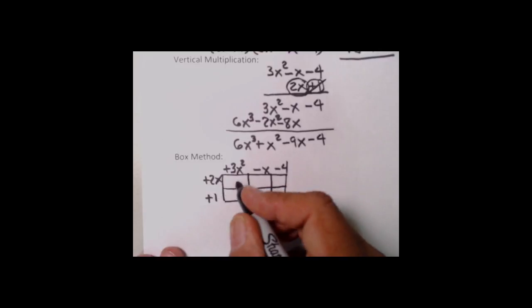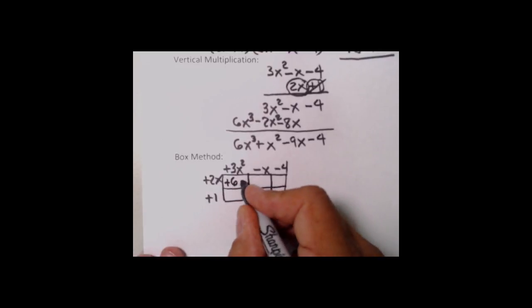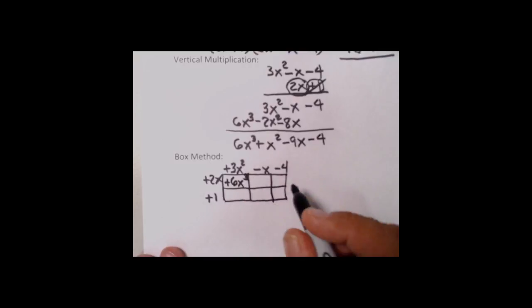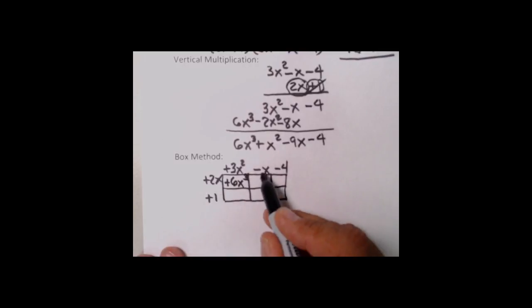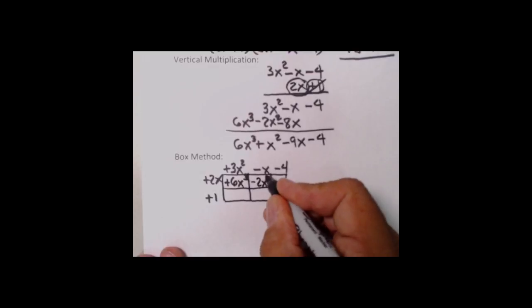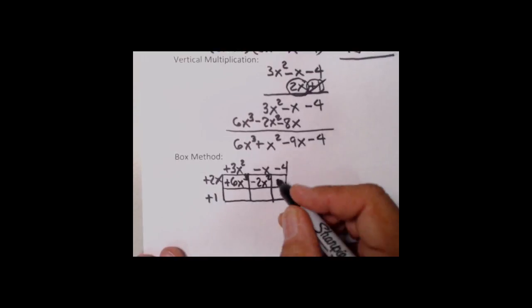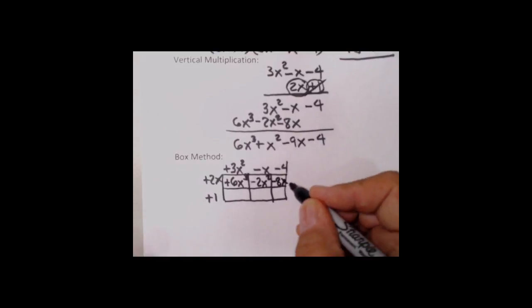Plus 2 times plus 3 is plus 6, and I've got x cubed. Plus 2x times negative x, minus 2x squared. Plus 2x times minus 4, negative 8x.